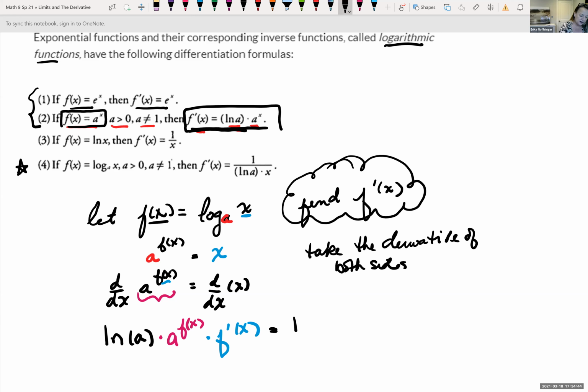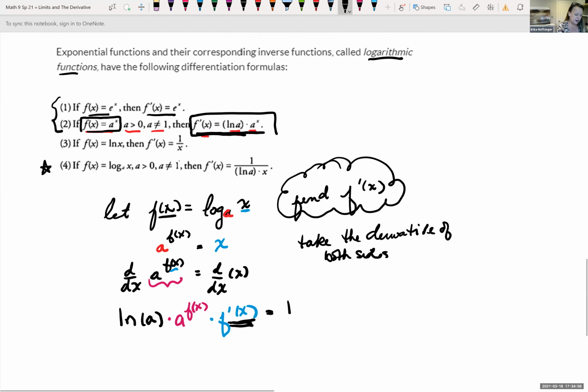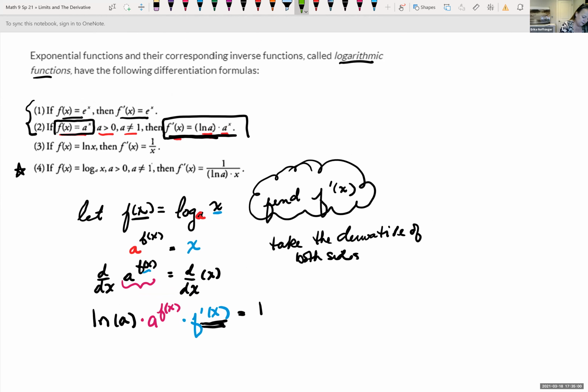Notice that in here, we now have this equation. We have this f prime of x in here. And so we can manipulate this and get f prime of x by itself, and we'll have our formula. So let's just divide both sides of this equation by this piece, the natural log of a all times a raised to the f of x power.